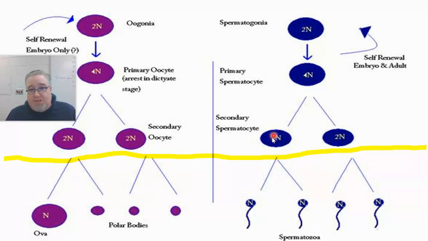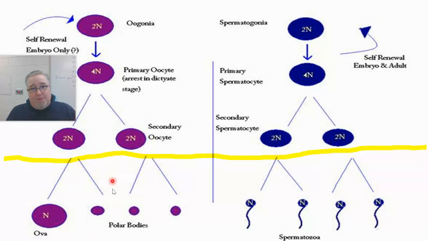These two secondary spermatocytes, when they split, they form four sperm cells. So in males, it's all about quantity. In females, it's all about quality.